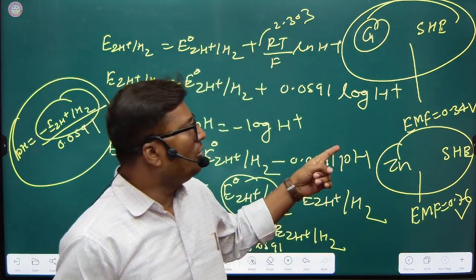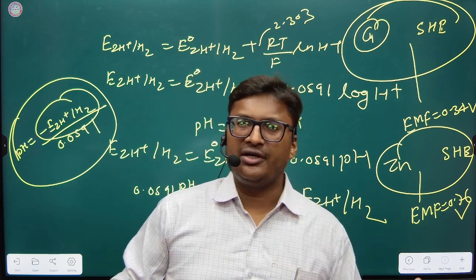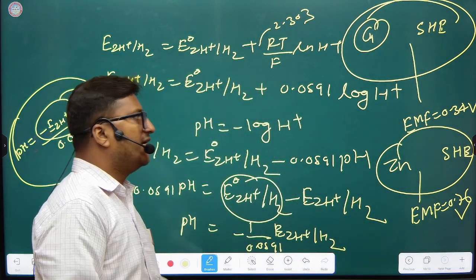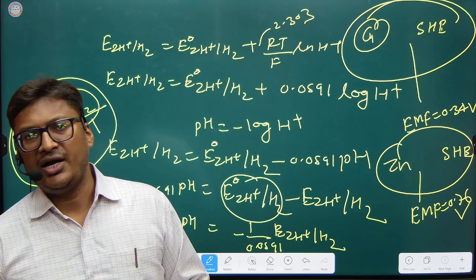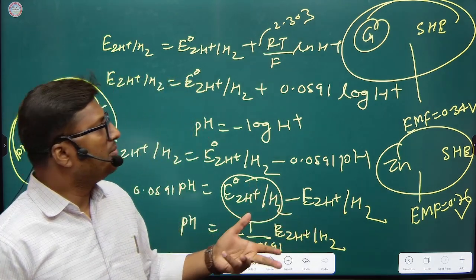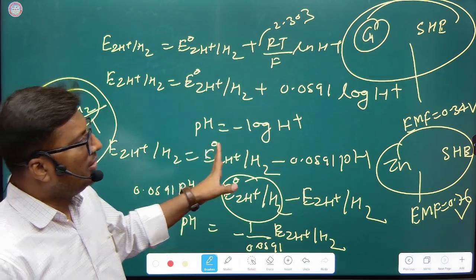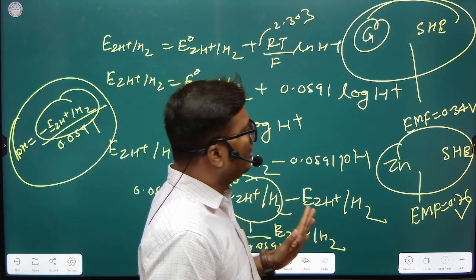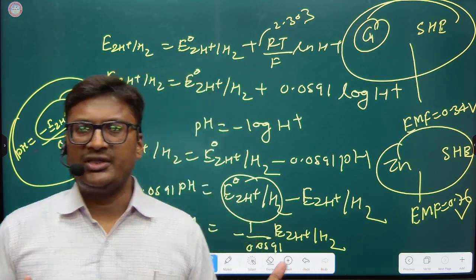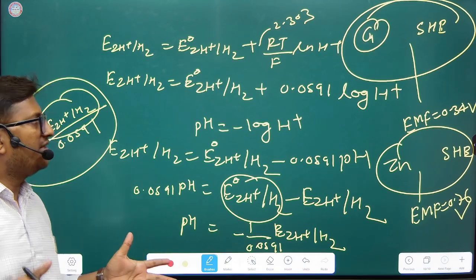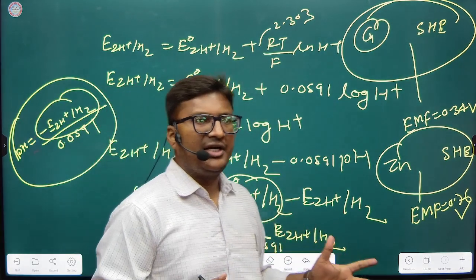So the standard hydrogen electrode may sometimes act as an anode and sometimes as a cathode, and overall the cell reaction will be E cell is equal to E cathode minus E anode, and that decides the generation of the cell potential for those particular electrodes or elements. So this is the chemistry and electrochemistry that facilitates the understanding of the cell potential or EMF in a galvanic cell.